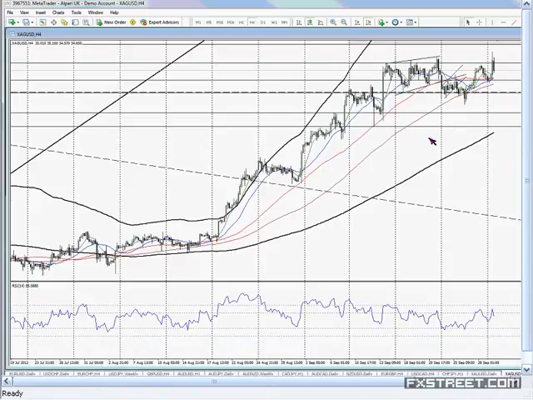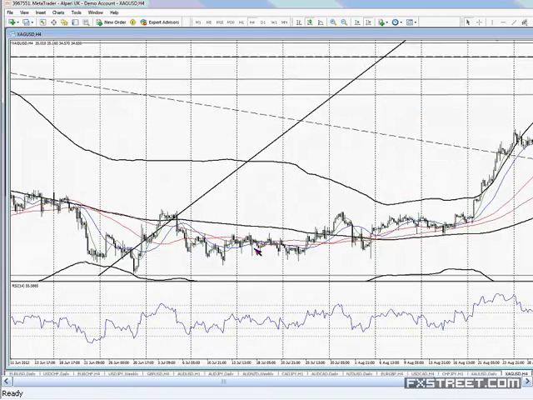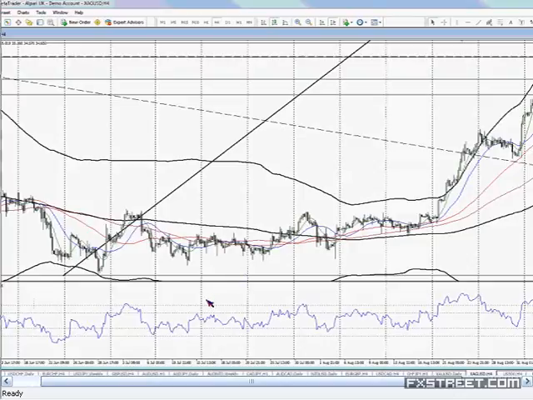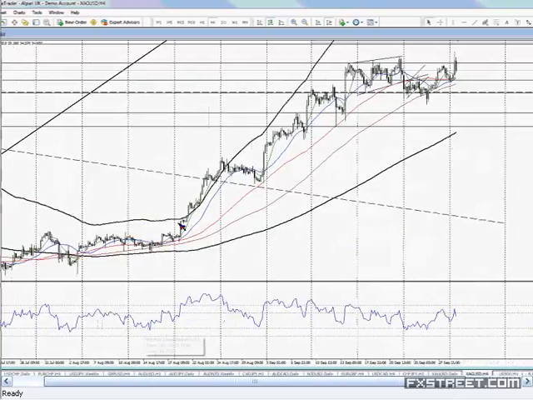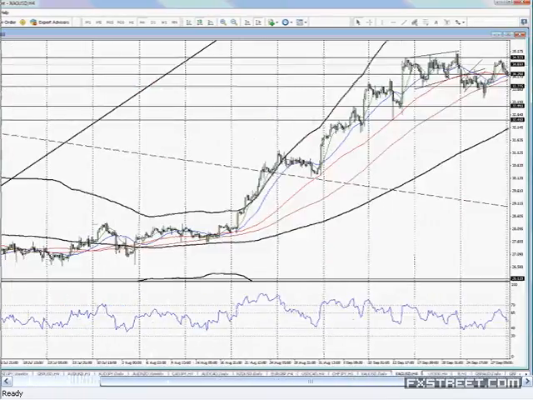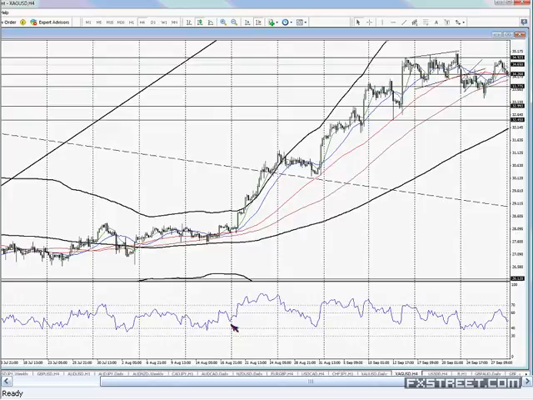Looking at silver in the 4-hour chart, ever since we broke above this consolidation area, we have had very persistent bullish momentum. Even starting here, RSI tag 70, stay above 40, 70, stay above 40.